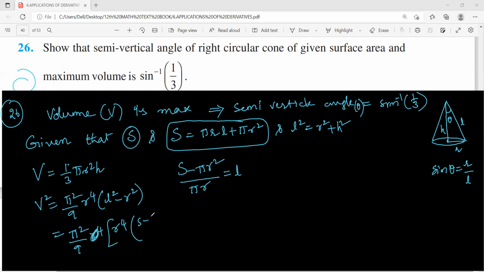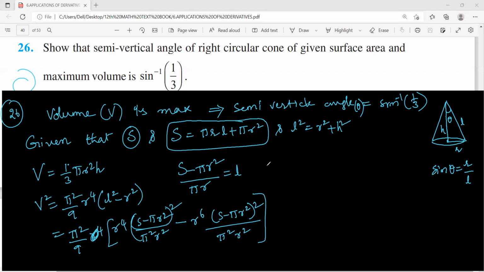L square is S minus pi R square by pi square R square, and this numerator also whole square. Minus R to the power of 6 into S minus pi R square whole square by pi square R square.